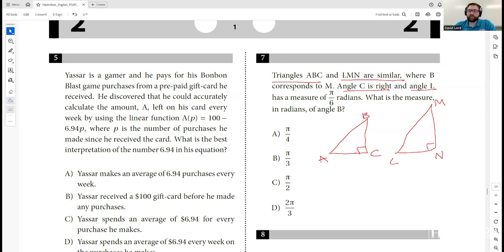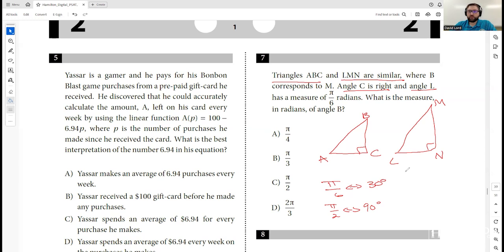All right, well, because we have a 90-degree angle and a 30-degree angle, the remaining angle must be 60. So again, write that out. Pi over 6 radians is the same thing as 30 degrees. Pi over 2, or a right angle, is the same thing as 90 degrees. And since we know the angles in a triangle add up to 180 degrees, or pi, we can find the missing angle by subtracting.